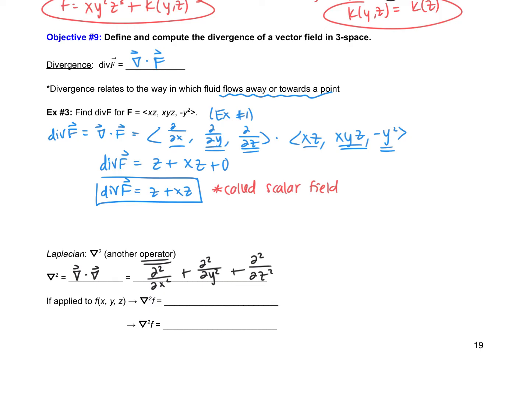So if we applied it to f of x, y, z, so the Laplacian applied to some function, that would give us the second partial of f with respect to x, add the second partial of f with respect to y, add the second partial of f with respect to z. So the way then that we can write the Laplacian of f, that's really the divergence of the gradient of f.